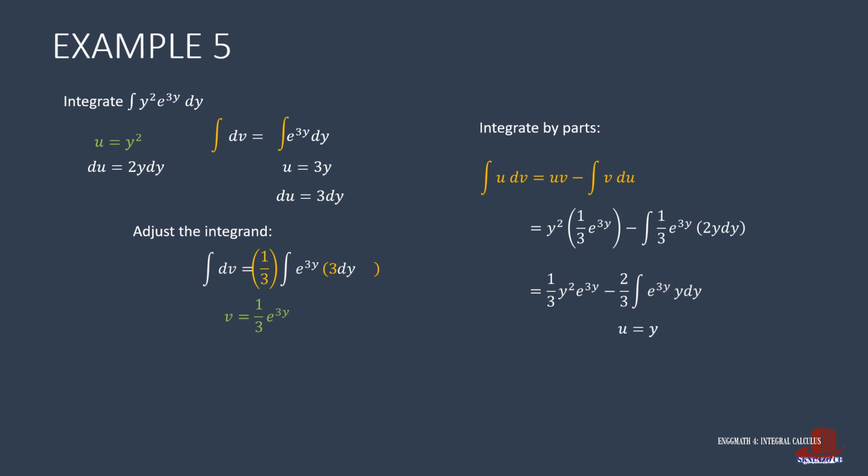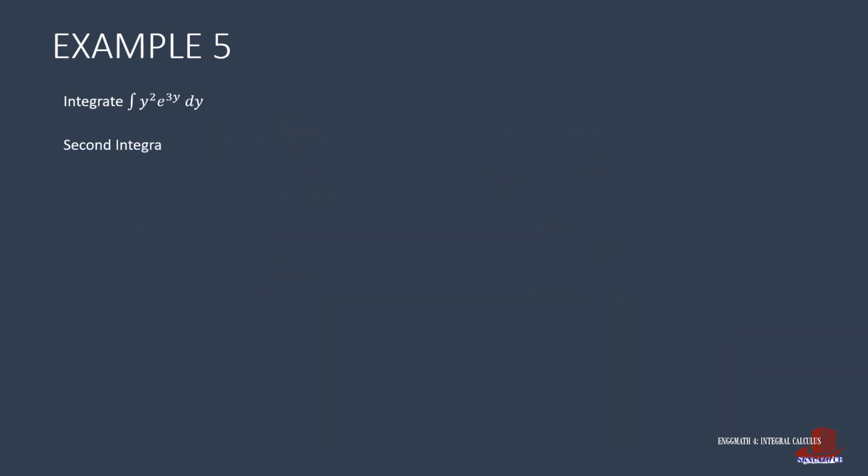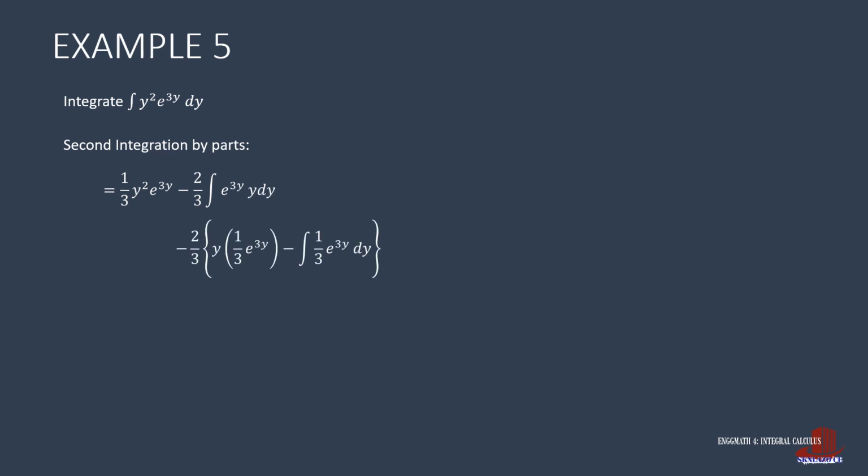So take u as y, and du is dy. dv is e raised to 3y dy, and v was solved earlier as a third of e raised to 3y. With everything complete, integrate the function the second time, coming up with minus 2/3 of uv, which is a third of e raised to 3y, minus the integral of a third of e raised to 3y dy.